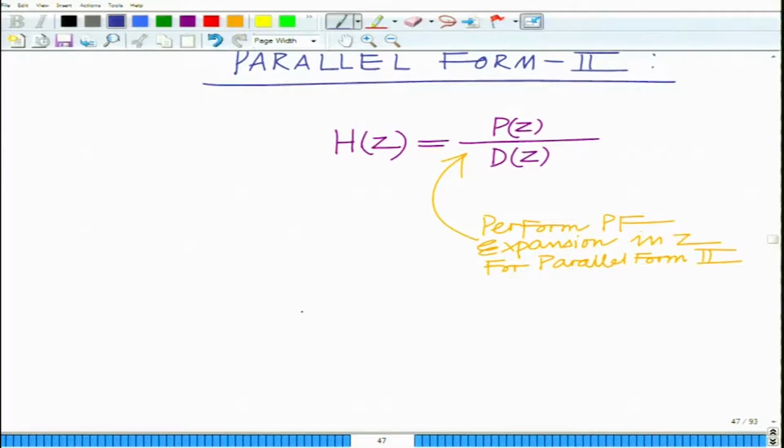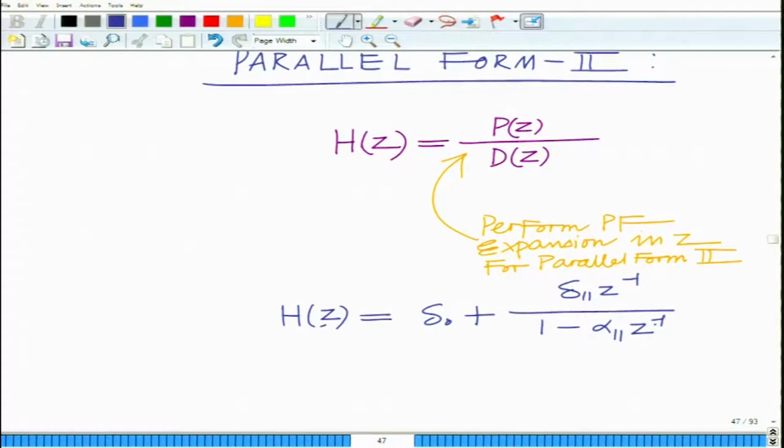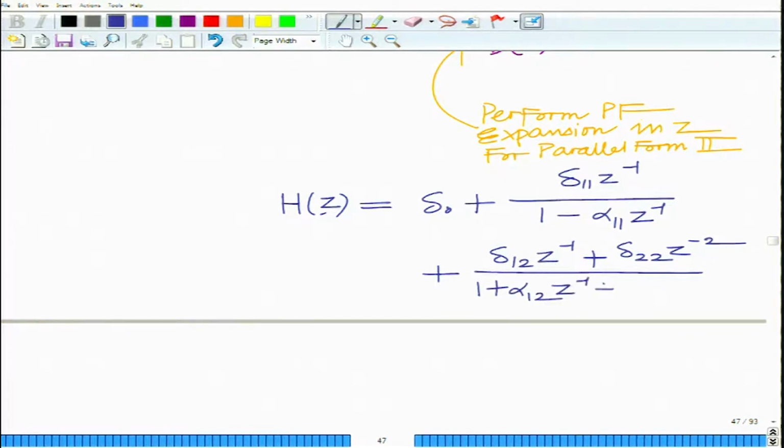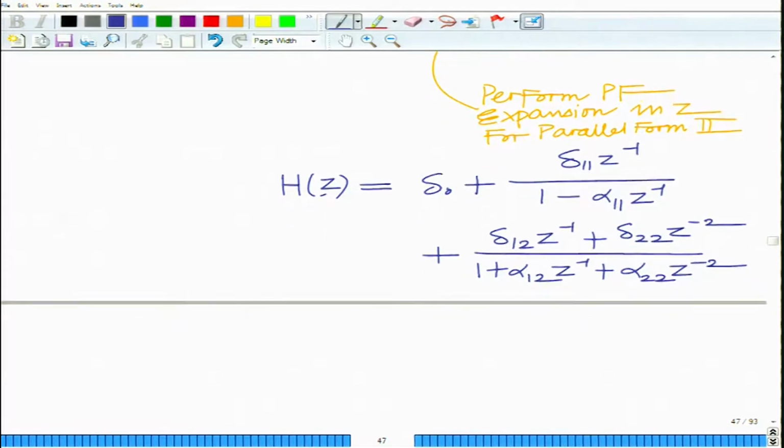And therefore, the transfer function can be represented as H(z) equals delta 0 plus the first order factor delta 1 1 z inverse by 1 minus alpha 1 1 z inverse, plus a typical second order factor of the form delta 1 2 z inverse plus delta 2 2 z minus 2 by 1 plus alpha 1 2 z inverse plus alpha 2 2 z raised to minus 2.